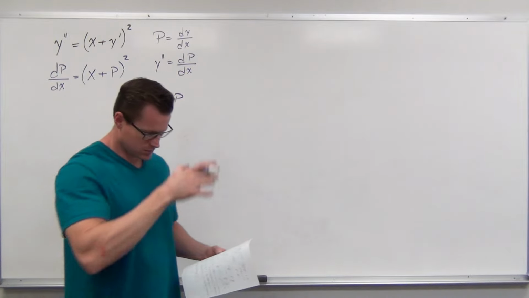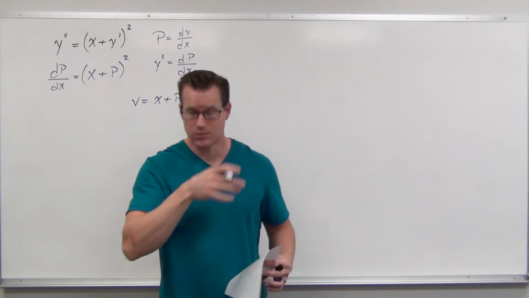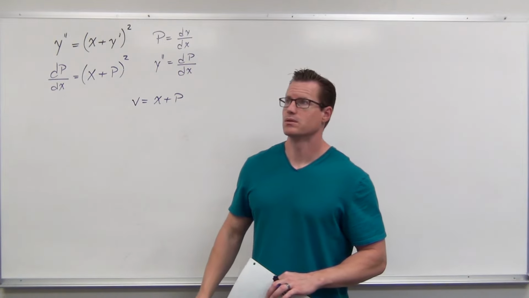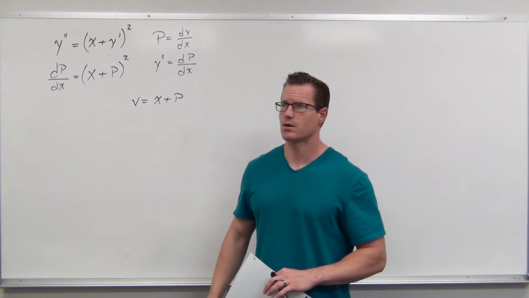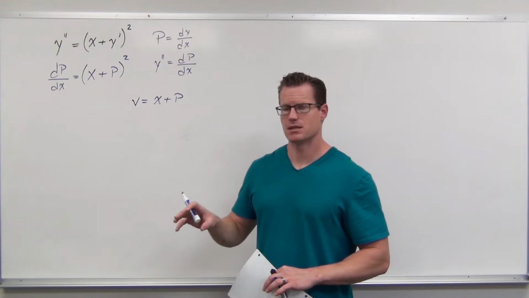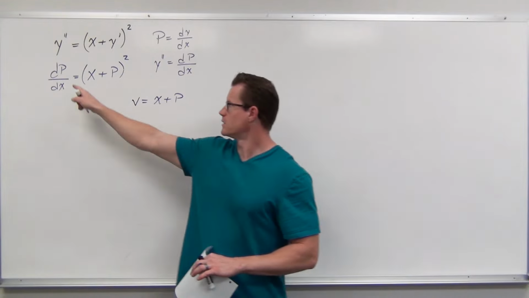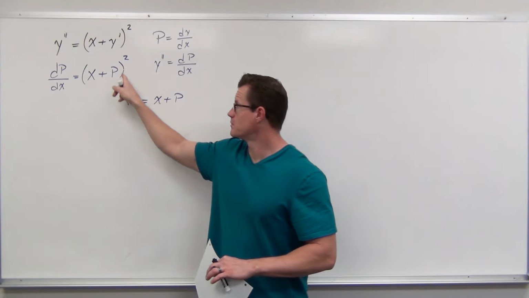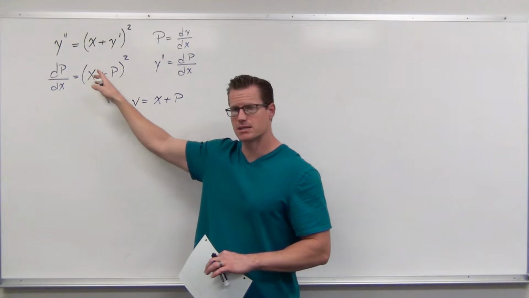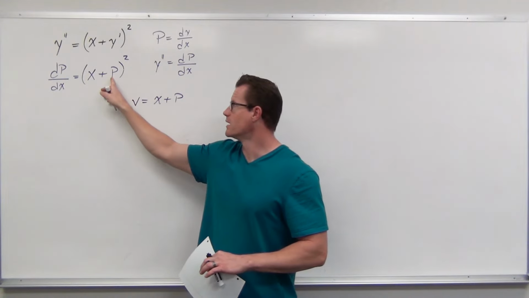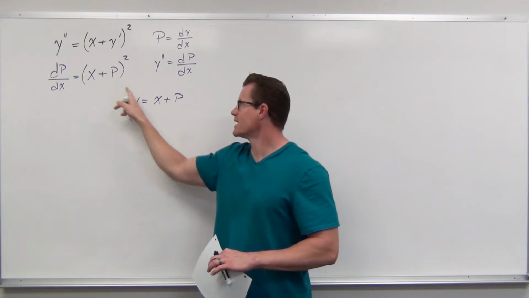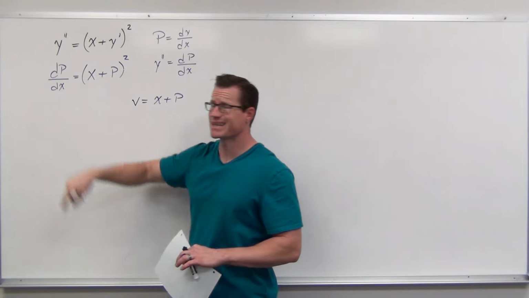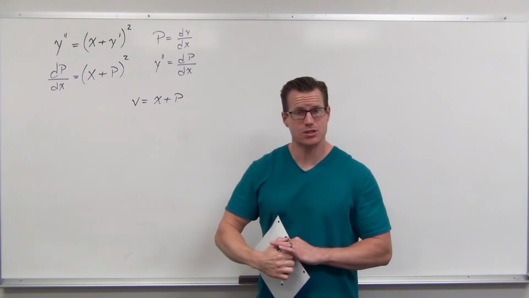Okay, what do I do with obvious substitutions? I solve for the dependent variable, because with an obvious substitution, you're trying to wrap up all of this as a different variable, and you need to leave your independent variable and get rid of your dependent variable. So I need to solve for p.